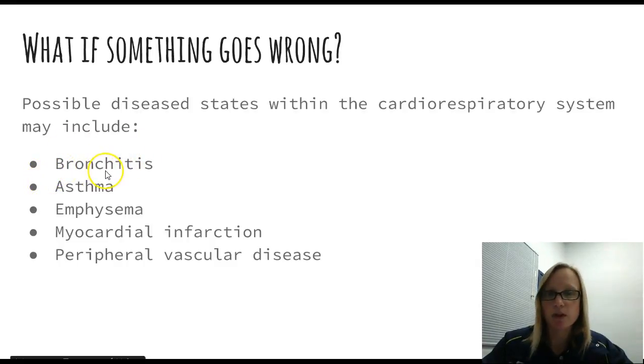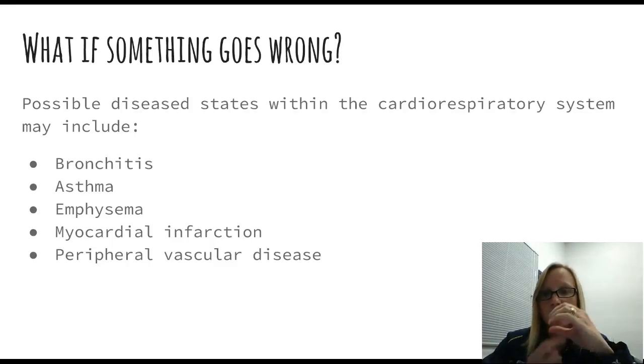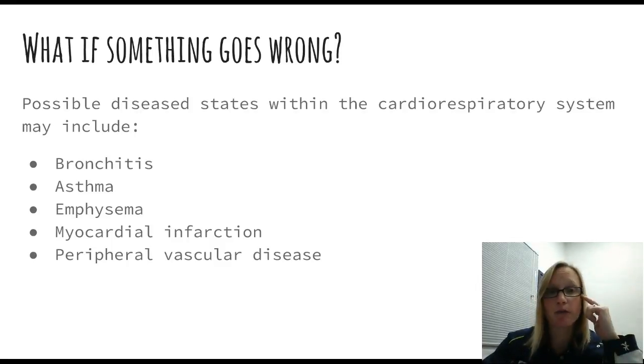And most of us have probably had bronchitis before and know what that looks like. Asthma usually results in the restriction of airways. So imagine a tube for air to go through, and all of a sudden that tube gets smaller. Obviously for air to go through it's going to be much harder, and sometimes it results in mucus in that airway, which has the same effect by closing the airway off.